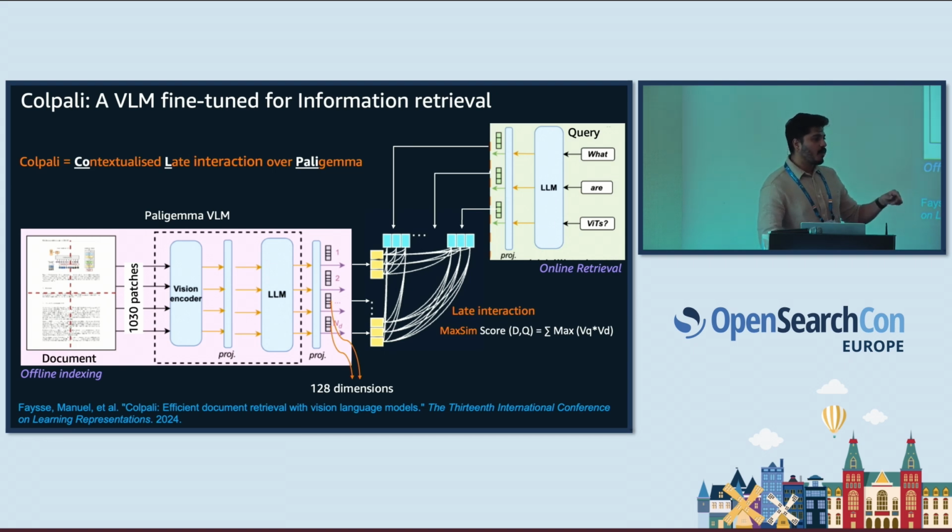I will go through this formula when I run the notebook, but basically you're going to get a score as a result of doing a similarity comparison between every image patch vector and every token vector. So there's a good interaction happening between the query and the image vector. That's why it's called interaction. And late interaction means it's happening at the query phase, not from all the layers down the architecture. It happens only when the score is calculated. That's why it's called late interaction between the query and the image patches.